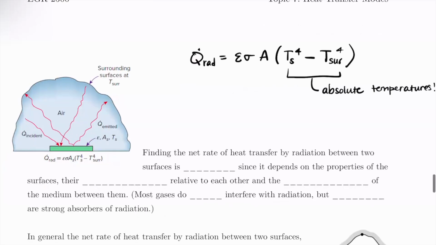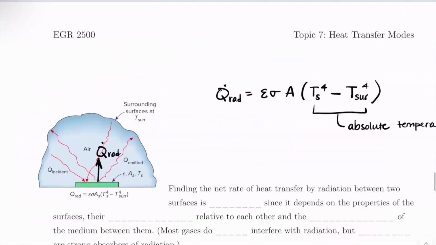Okay, so if we look at this little picture here, we have our little plate that's being heated. We have Q dot of radiation coming out like so. Our material properties are the emissivity, the area, and the surface temperature. That's all of the things that are in what I call purple.